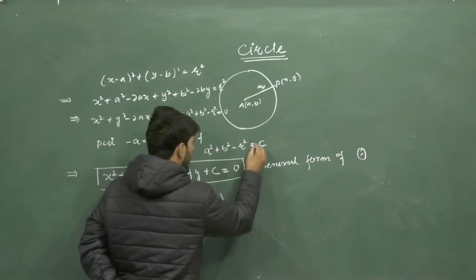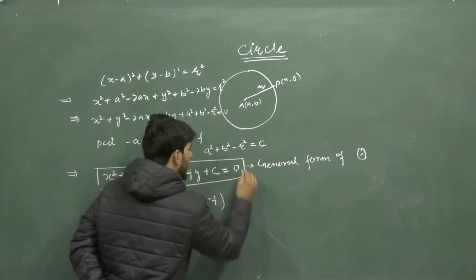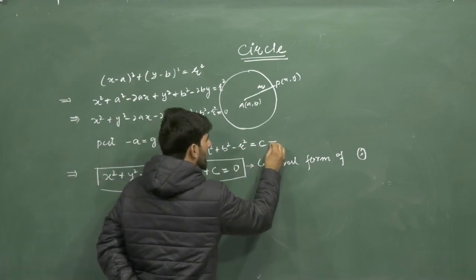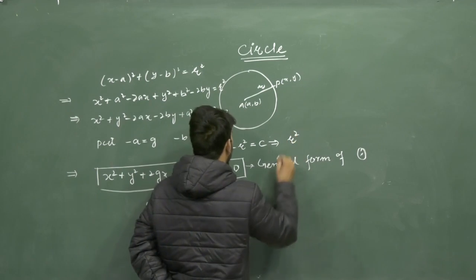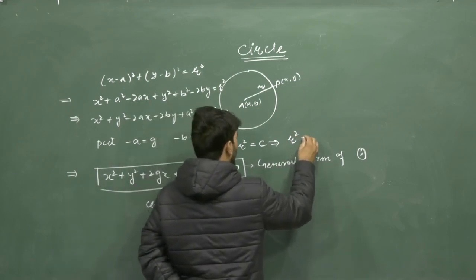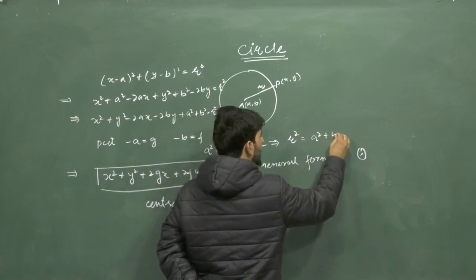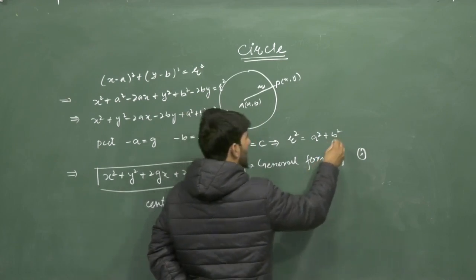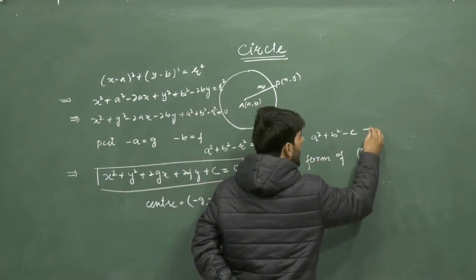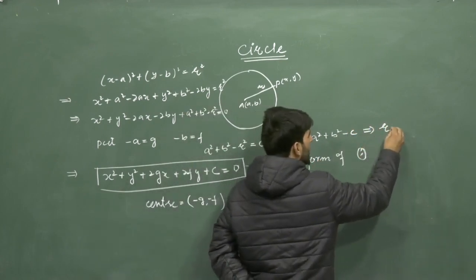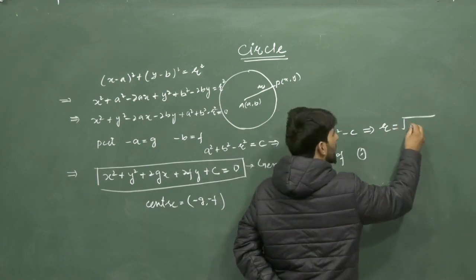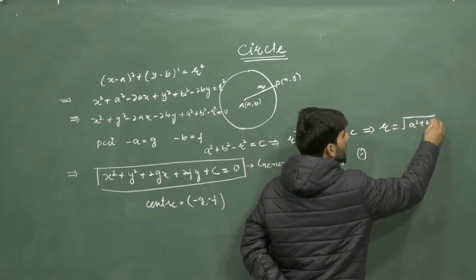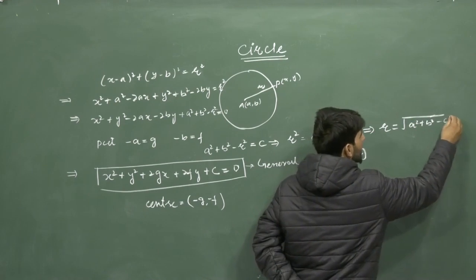And here r square is equal to a square plus b square minus c, which gives us r is equal to square root of a square plus b square minus c.